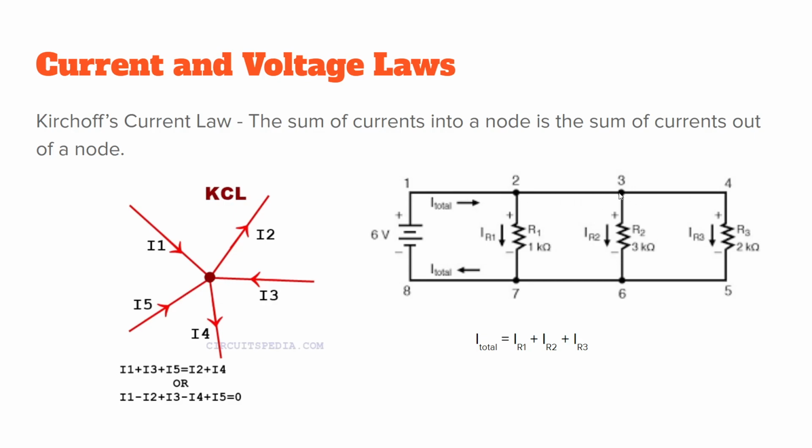When that happens, we call that a node. 3 and 6 are not common nodes because there's a voltage drop between them. Hopefully that helps you understand what I mean by nodes going forward. We'll see some more examples of that.